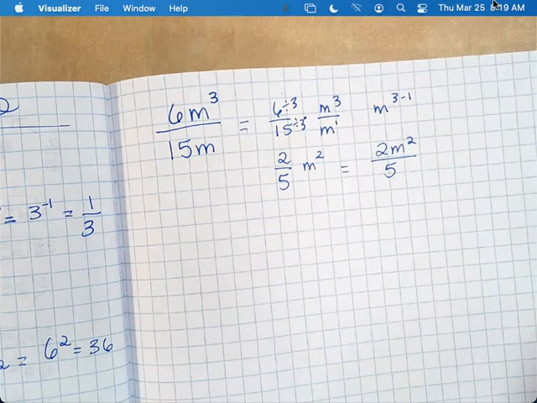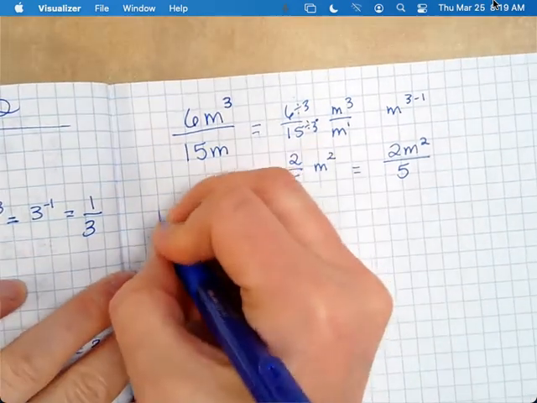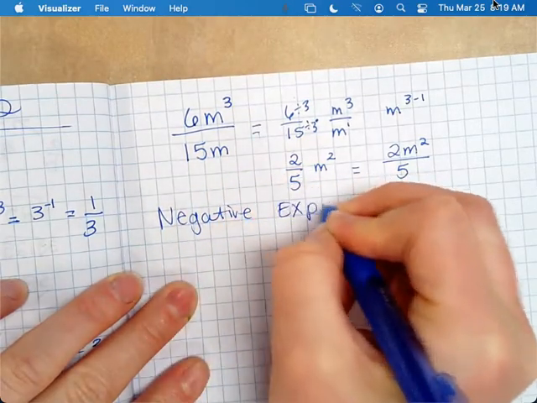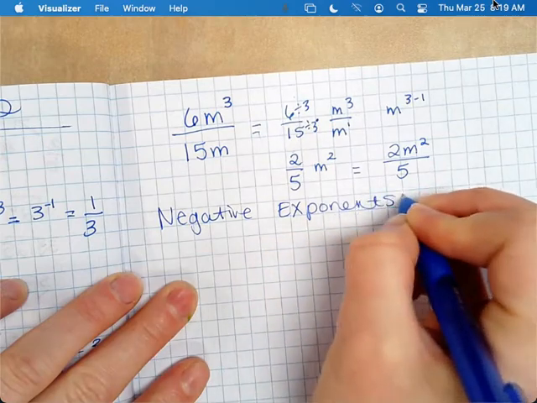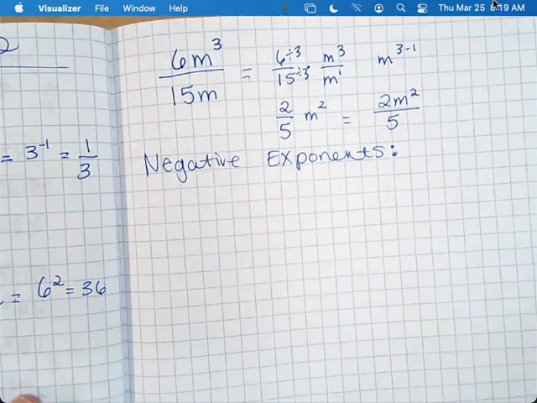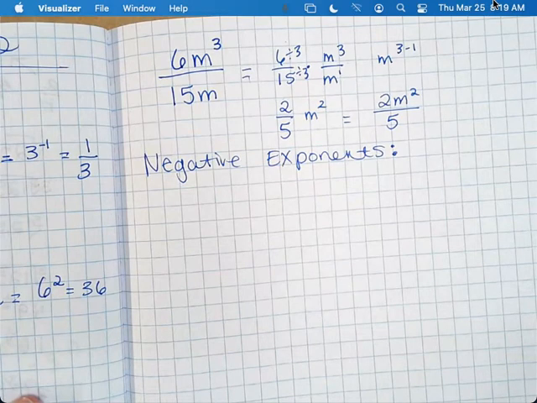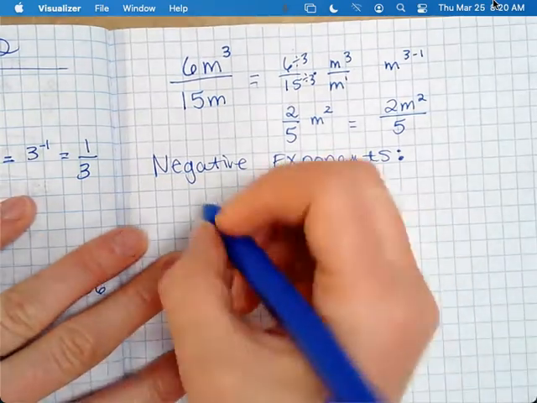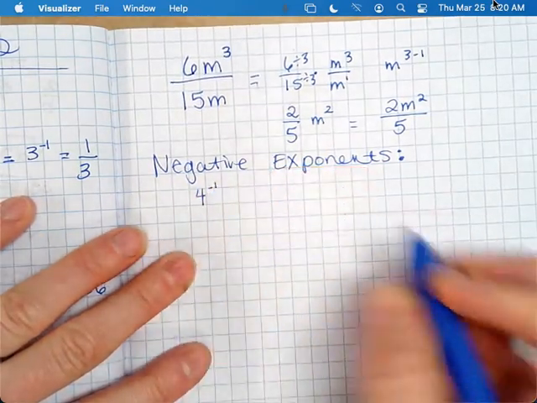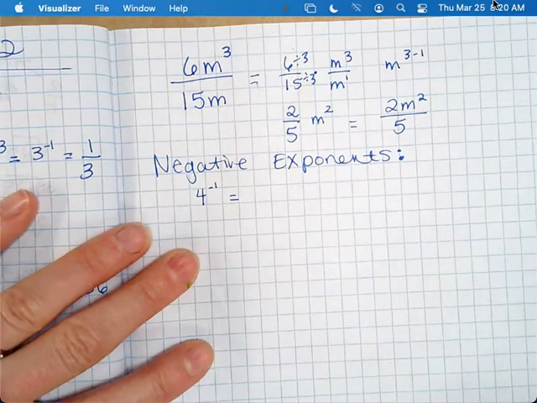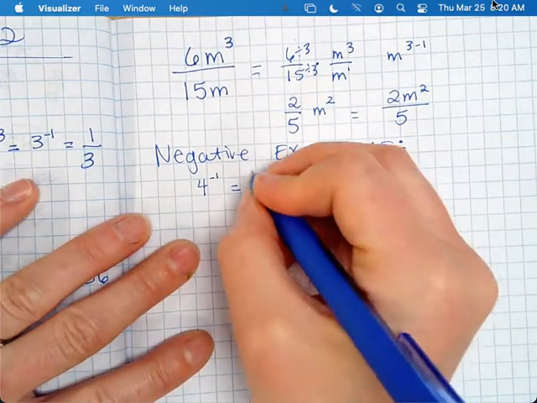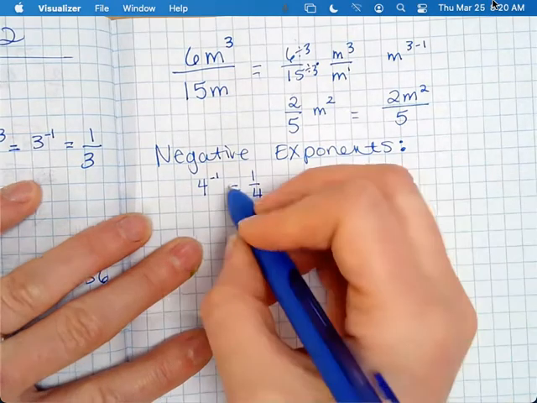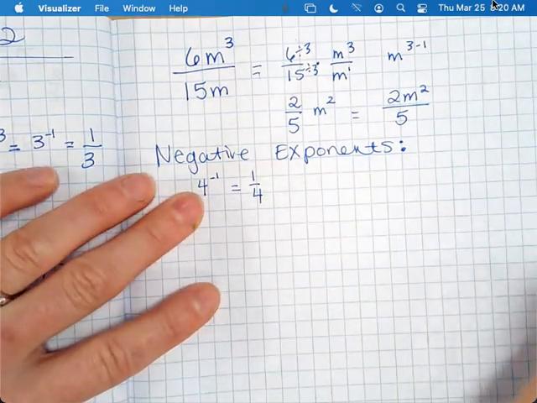All right, so let's write something about negative exponents so we remember. If I have 4 to the negative 1, what is that going to equal? 1 over 4. So it puts the number on the denominator.